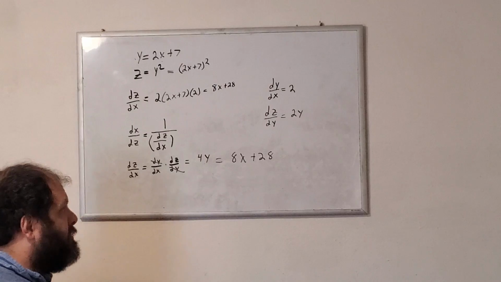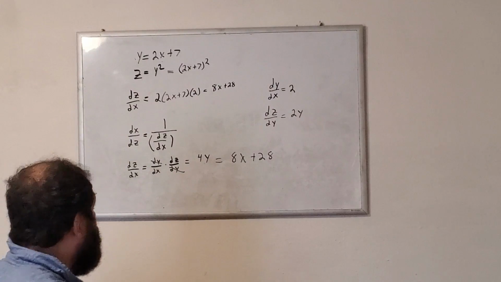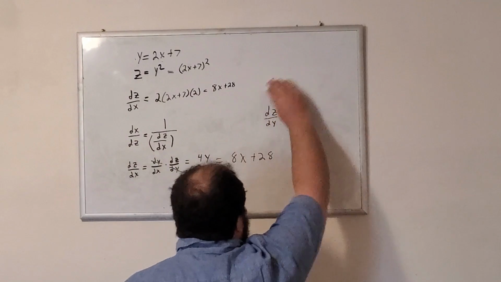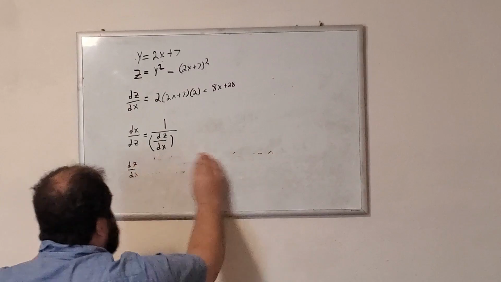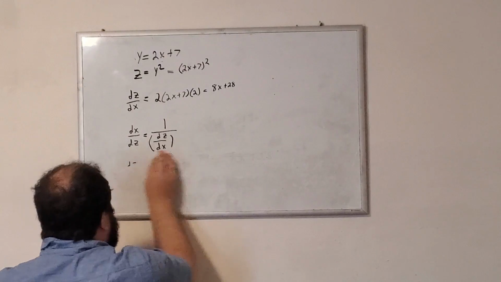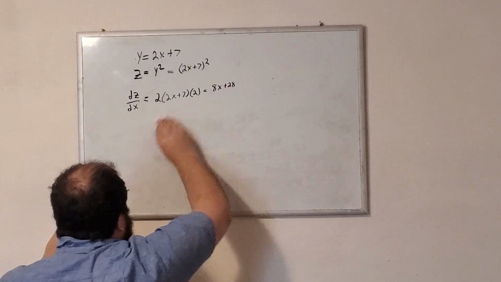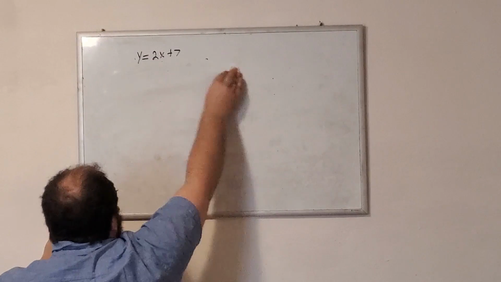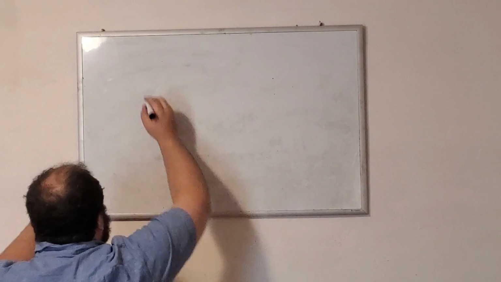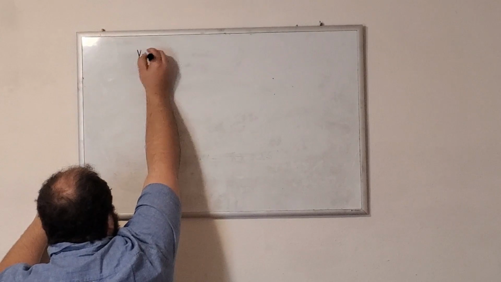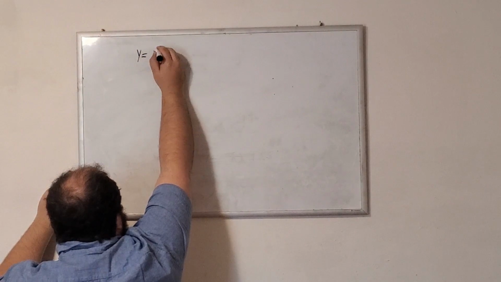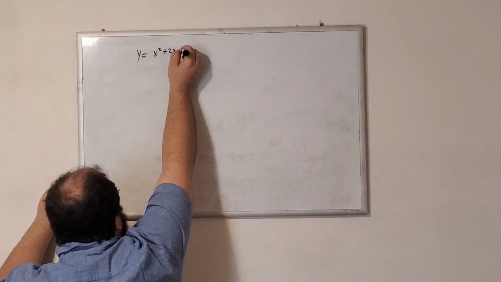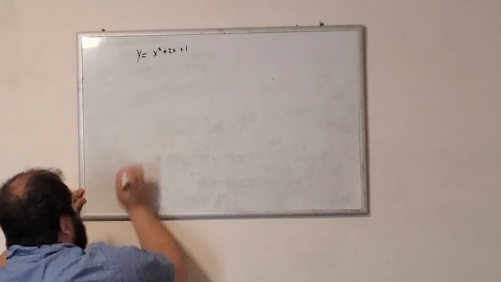Okay? So the next thing I want to do is work a couple other examples that will require different methods. For our next example, we're going to be given y equals x squared plus 2x plus 1, right?